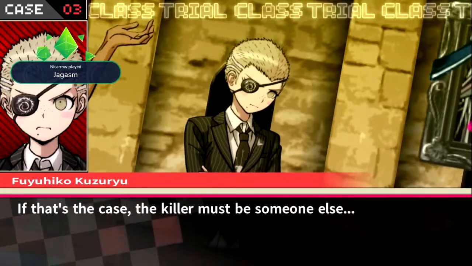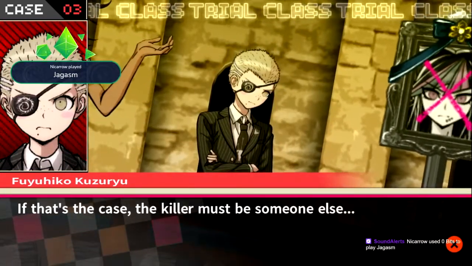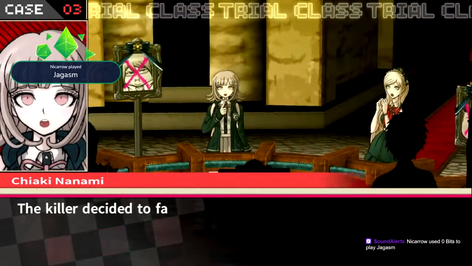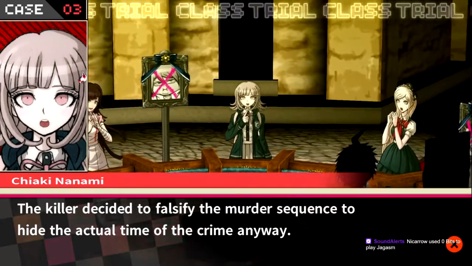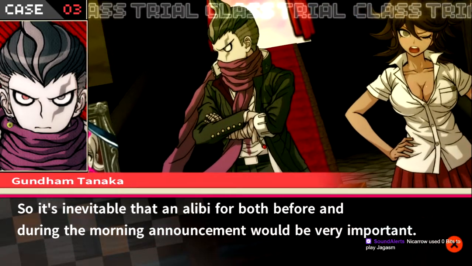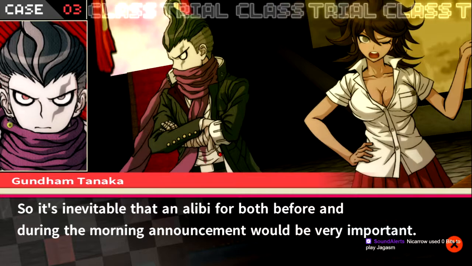If that's the case, the killer must be someone else. It's better if we think about it like that. The killer decided to falsify the murder sequence to hide the actual time of the crime anyway. So it's inevitable that an alibi for both before and during the morning announcement would be very important.